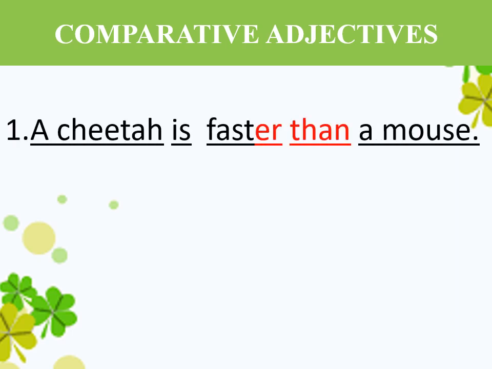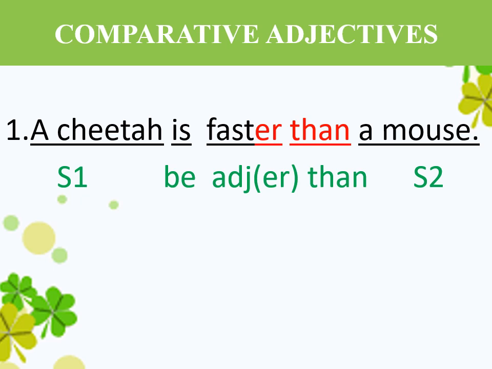Let's take a look at the structures of comparative adjectives. A cheetah is faster than a mouse. A cheetah: subject number 1, is (be), faster than: comparative adjective, a mouse: subject number 2.